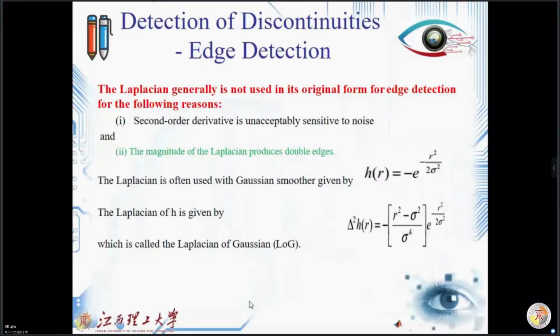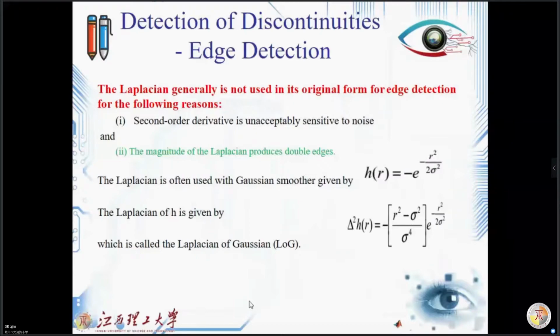What we will do then is use the Laplacian together with a Gaussian smoother, and use the formula of the Gaussian one. Then the Laplacian of h, as we gave here, can be changed to the Laplacian of Gaussian, or LOG.